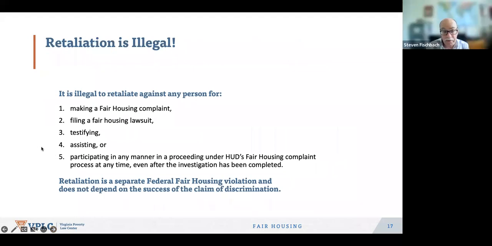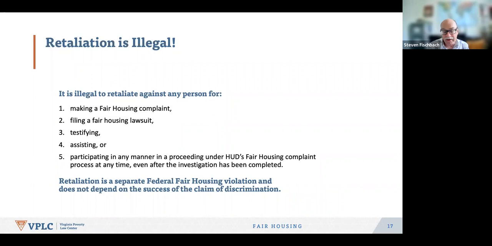Both state and federal fair housing laws protect against retaliation against an individual who has made a fair housing complaint, filed a fair housing lawsuit, has testified in any kind of fair housing proceedings, or is otherwise assisting them.